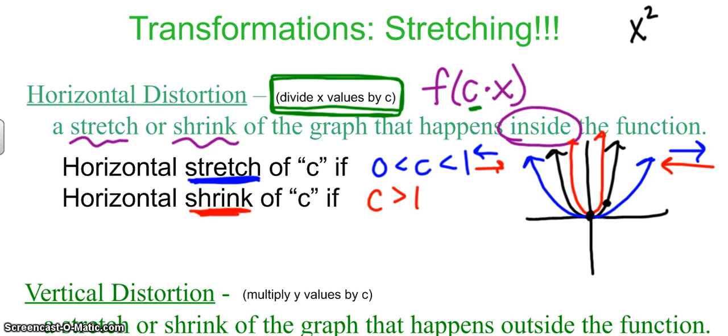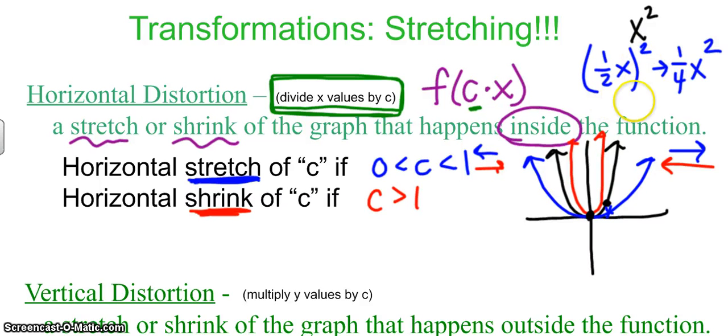Well, if I take 1/2 of x and square it, my parabola is really 1/4 x squared. So instead of going over 1 up 1, I want to go over 1 and only up 1/4. It's much shorter than it originally was, which is pulling it in the horizontal direction.